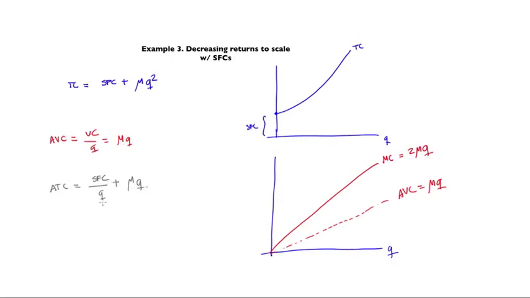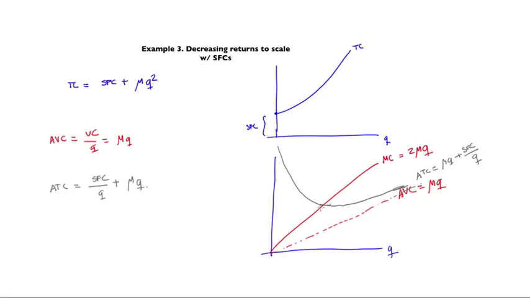When Q is almost 0, this term becomes infinity, and average total cost is very, very large. It's way up here. So the curve looks like this, and it asymptotically approaches the average variable cost without ever touching. So this is the average total cost, which is equal to mu Q plus semi-fixed costs divided by Q.